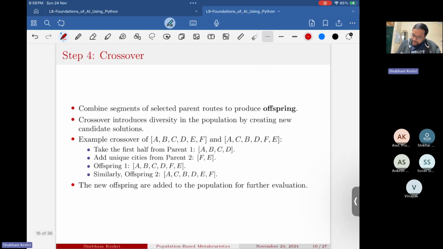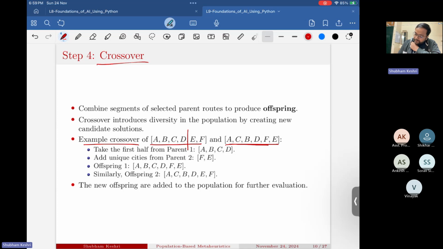Right. So crossover. So over here, what are we doing? We are doing that crossover which we talked about. So example of crossover, this is parent 1 and this is parent 2. From parent 1, this is the crossover point, so we pick A, B, C, D. And from the second parent, we pick the unique elements, right? That is what we were talking about when we were talking about crossover in permutation based.